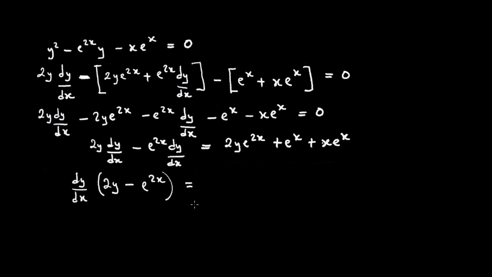And this is equal to 2y e to the 2x, like that. Then here you are allowed to factor out e to the x so that what remains is 1 plus x, like this. You are allowed.